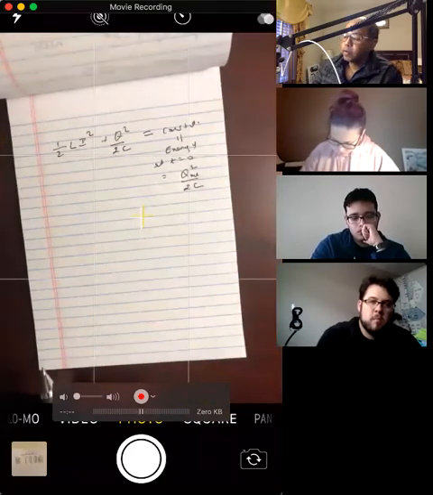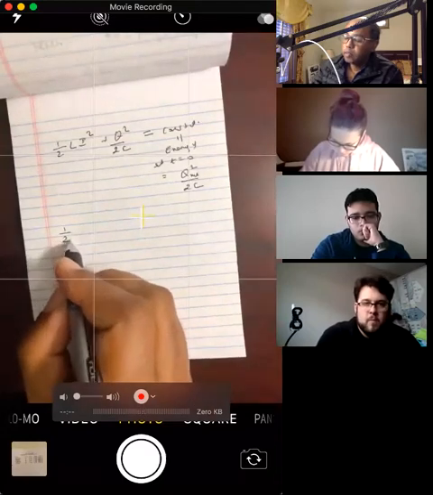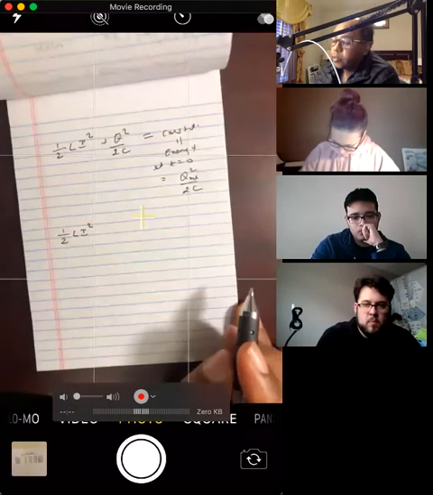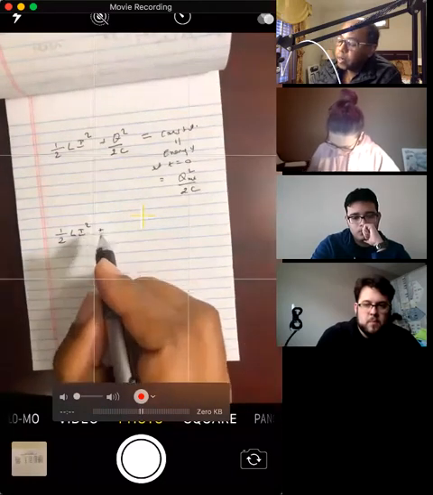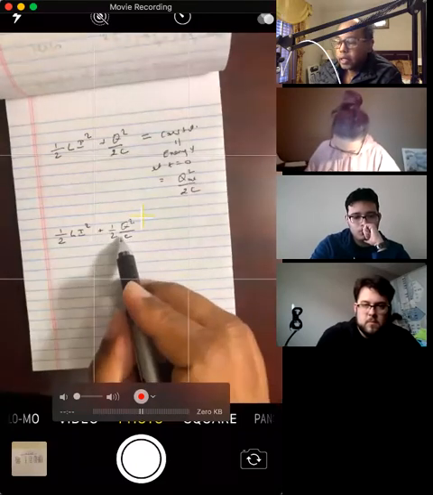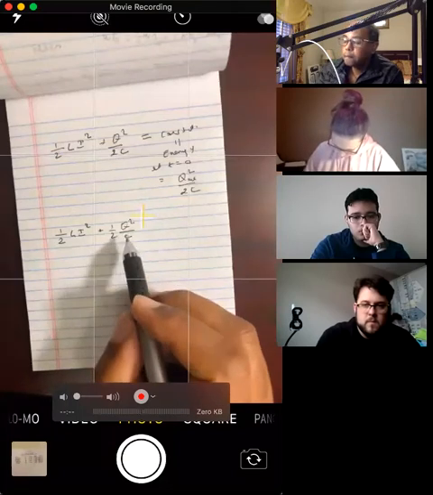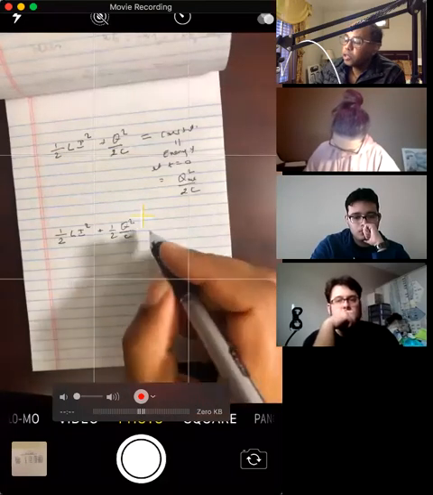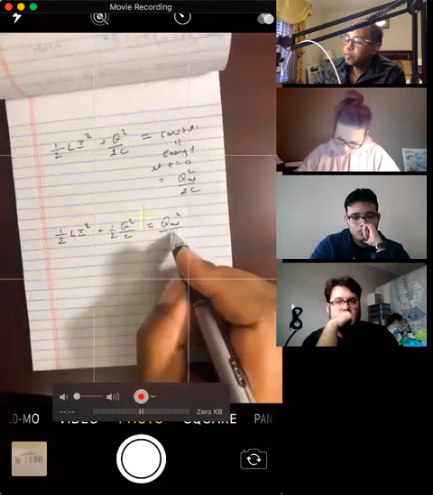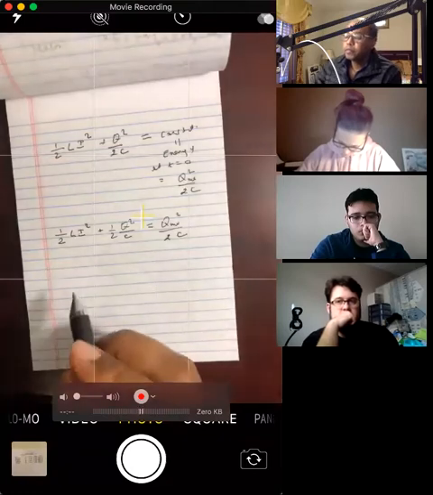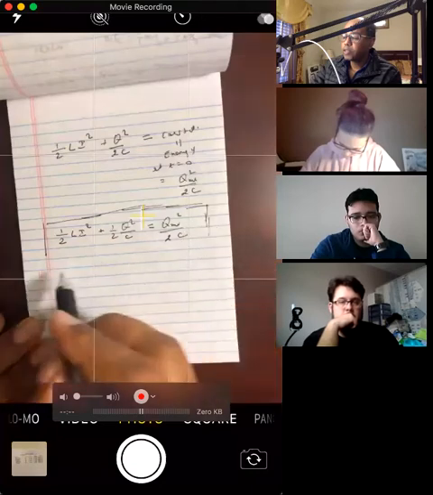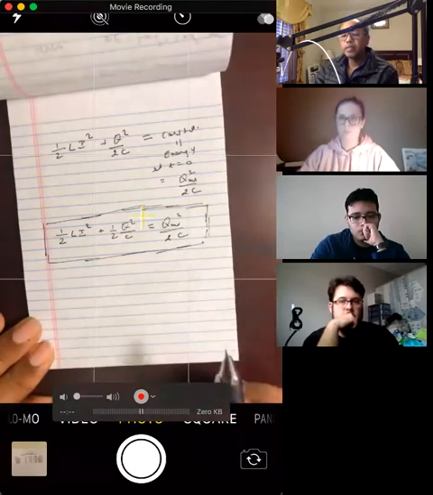All right, so we have the following formula: half L I squared, the magnetic energy stored in the inductor when the current is I, plus half Q squared over C, the electrical energy stored in the capacitor when the charge is Q, equals the initial energy, Q max squared divided by 2C. So we have this relationship between the magnetic energy and the electrical energy.